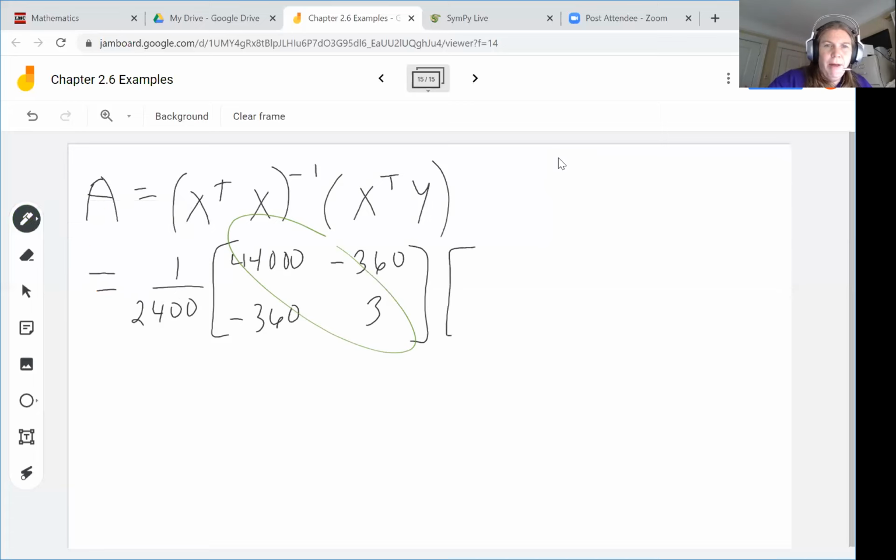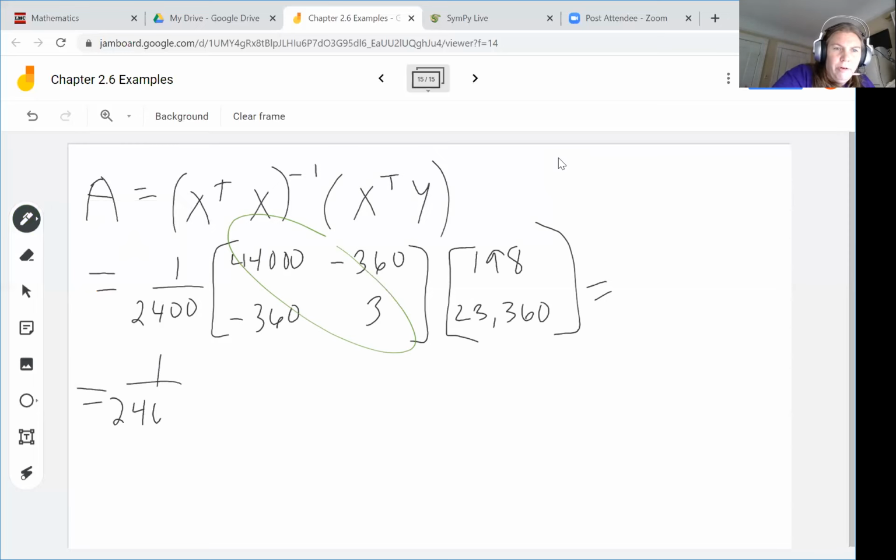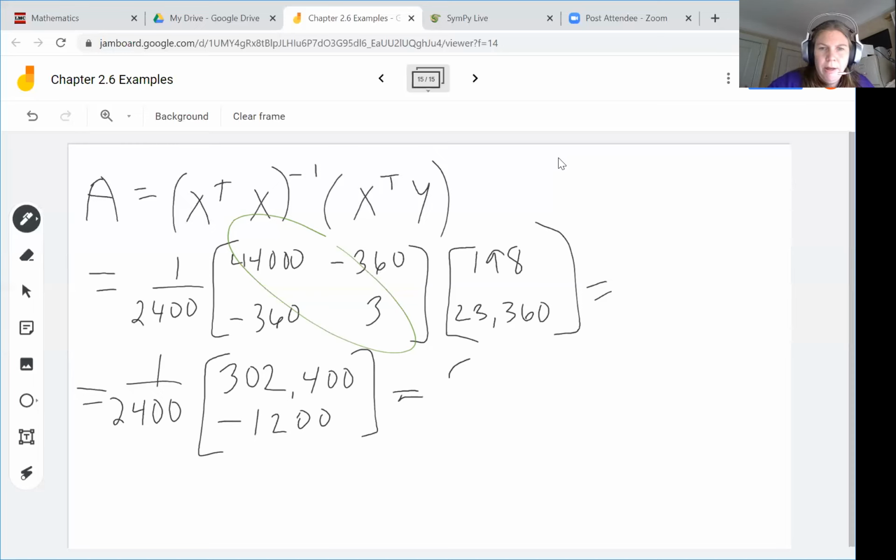And then we're going to multiply that by our X transpose Y calculation, the 198 over 23,360. And that gives us 1 over 2,400 multiplied by 302,400 and negative 1,200. So then if we simplify this by dividing each of these entries by the 2,400, you get 126 and negative 0.5.